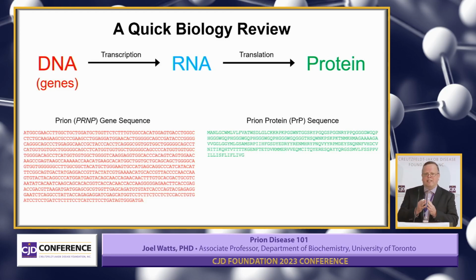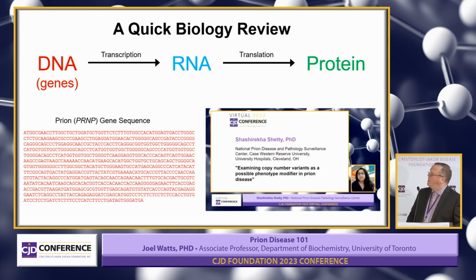They first start off like beads on a string, and then once the full string is produced, they fold up and adopt their three-dimensional structure or fold, and that fold or shape is what gives them their function. Tomorrow, one of the talks is going to be by Dr. Shashi Shetty, who is going to talk about how variations in the amount of DNA, either gain or loss of DNA in certain regions of the brain, might be a risk factor for developing certain types of CJD.